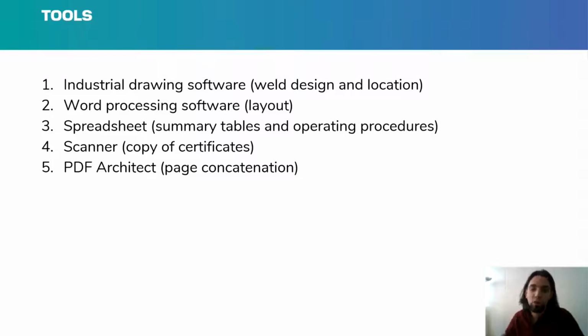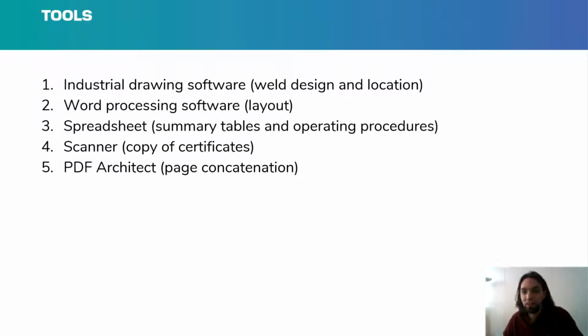So generally, the fabricator or manufacturer will use the same set of tools in order to achieve a welding data book or a technical documentation and a report file. So we've got the drawing software for the plan of the equipment. We've got word processing software like Microsoft Word for the layout of the document. We've got the spreadsheet, so this is basically Excel, in order to create your WPS and to manage all your welder qualifications.